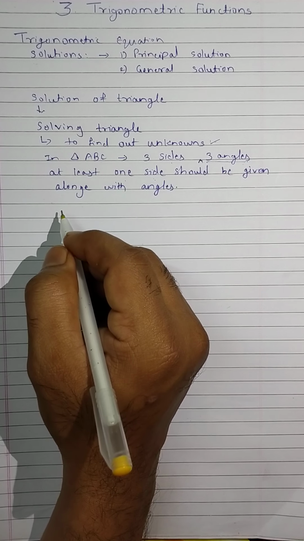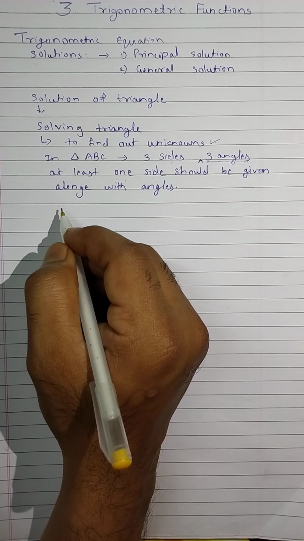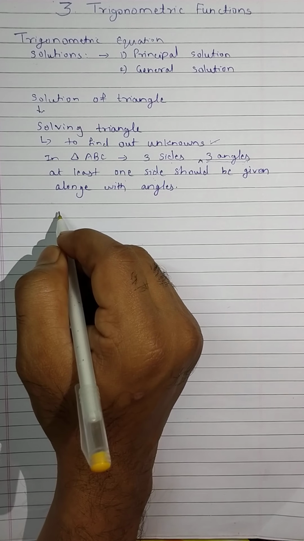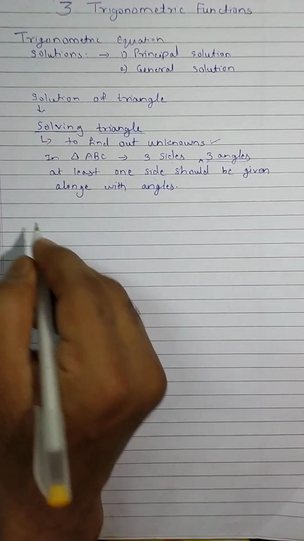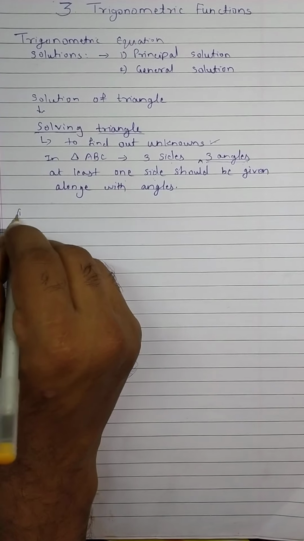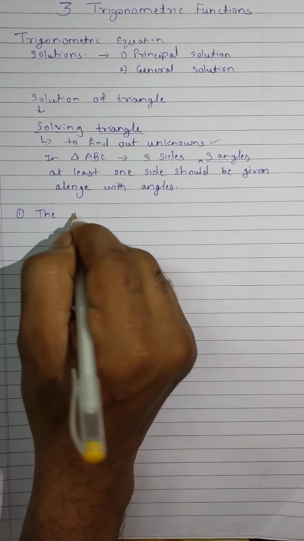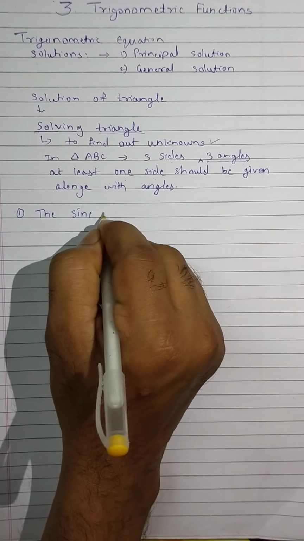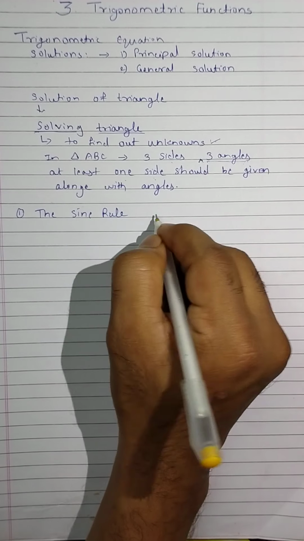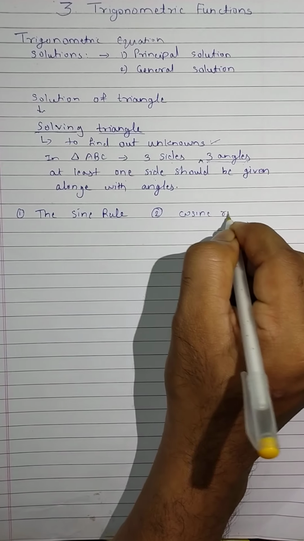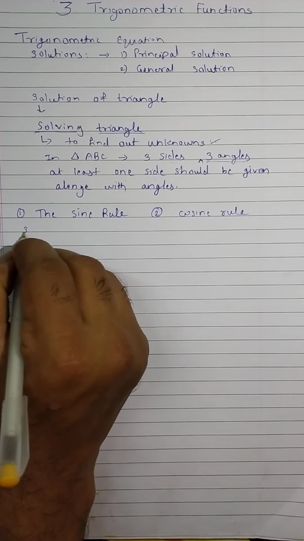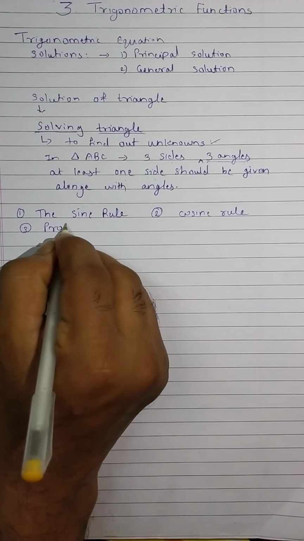There are some rules or theorems, we can say, which we are going to prove for solving triangles. The rules are the sine rule, cosine rule, and projection rule.